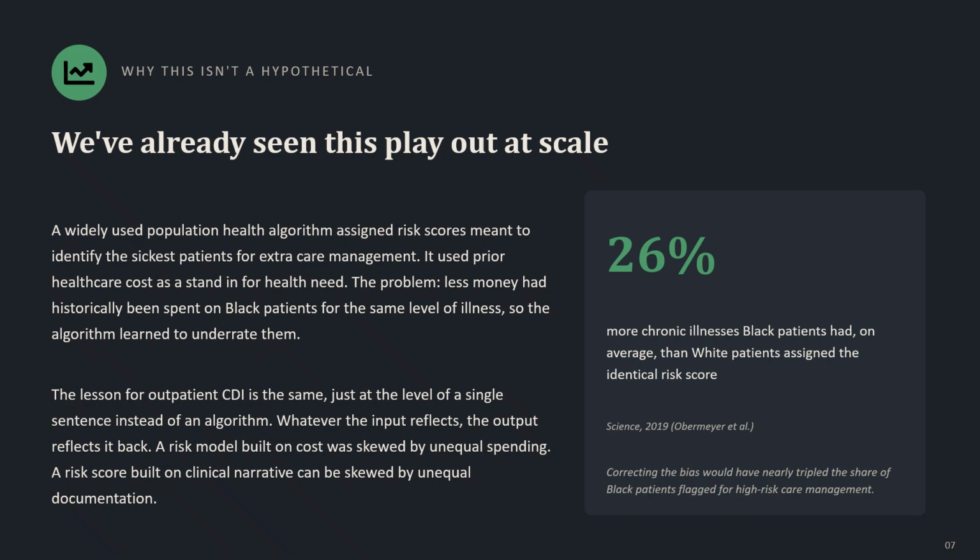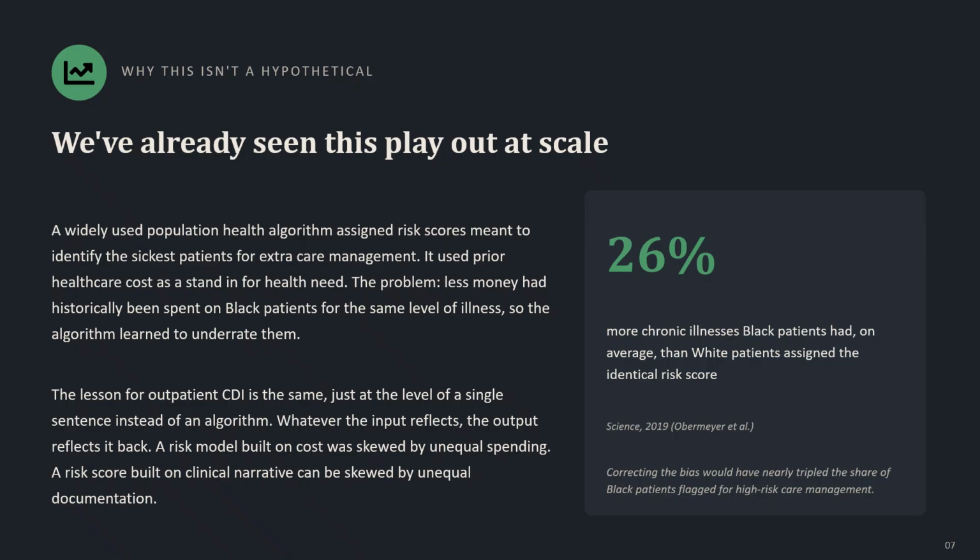And researchers found that patients who were assigned the exact same risk score, the Black patients had on average 26% more chronic illnesses than the white patients. So that was from a 2019 Science study by Obermeyer and colleagues.